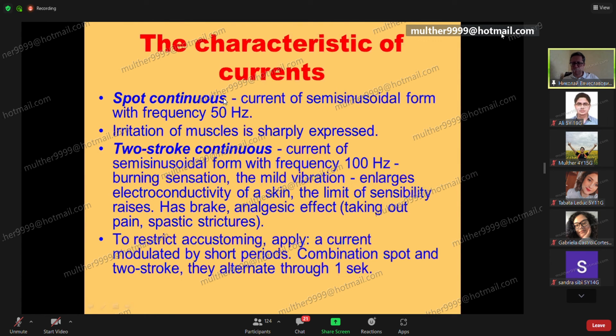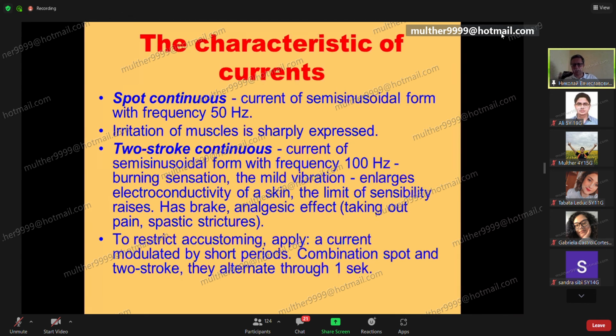Spot continuous current with a frequency of 50 Hertz can cause irritation of muscles, so stimulation of contractility.